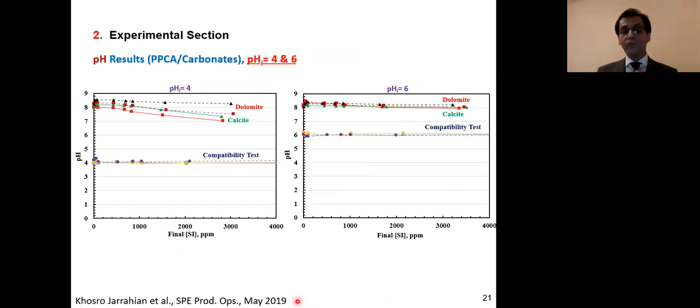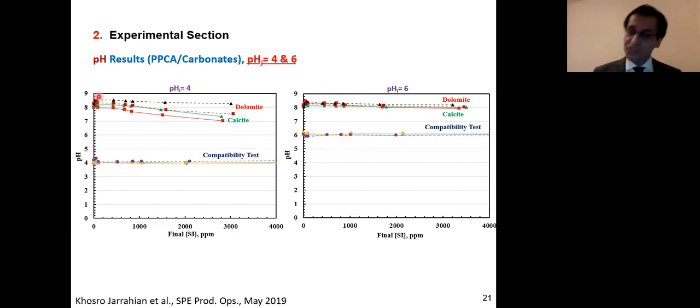Now we need first to analyze pH. For compatibility tests, with initial pH adjusted to both 4 and 6, there were no significant changes in pH, which means that PPCA is compatible with North Sea water at both pH 4 and 6.